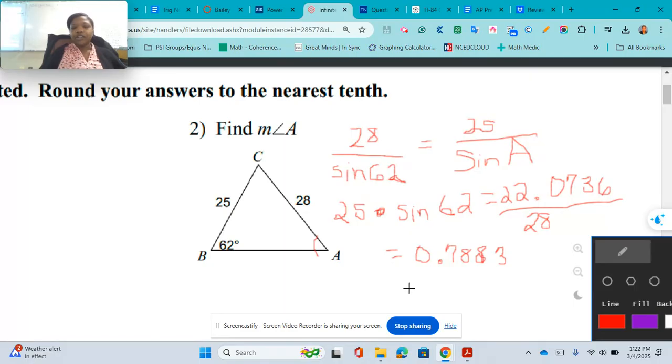All right. 0.7883. Now that is the sine of our A. But we need to be able to get the angle. So what type of sine will give us the angle back? Sine with the -1. That's sine inverse.